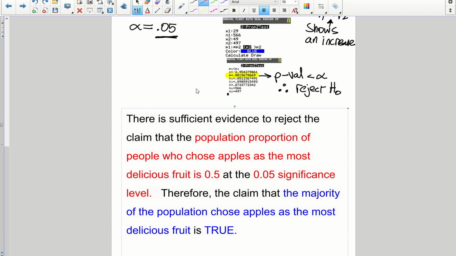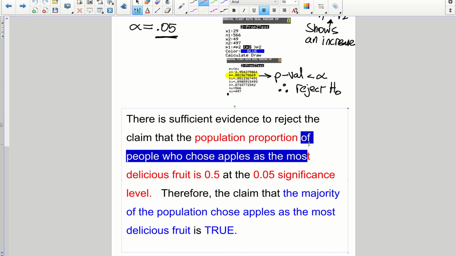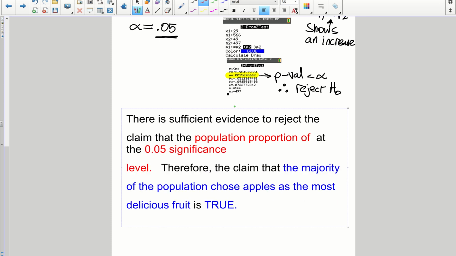Now we state the null hypothesis in words. And of course it does not involve apples in any way, shape, or form. So abbreviations are going to be crucial here. Otherwise, you're going to just go insane writing these conclusions. So, population proportion of TD passes.